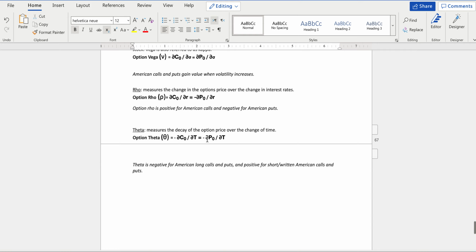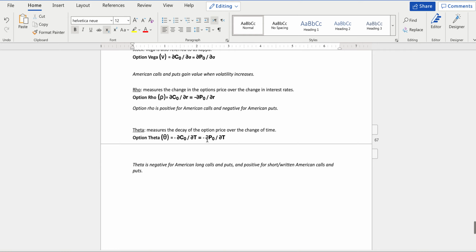Theta is negative for American long calls and puts, and it's positive for written American calls and puts. Don't fret when you see the word written or short. It means you're betting against a call or put. Remember what I said.